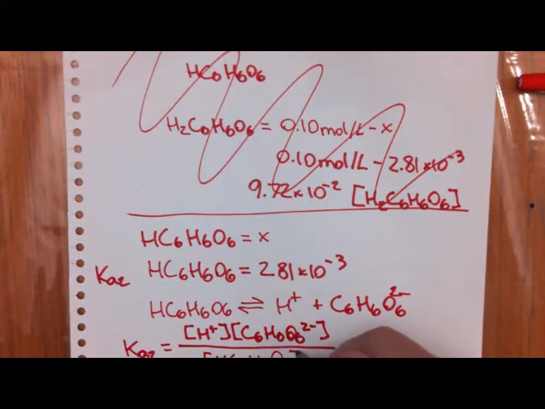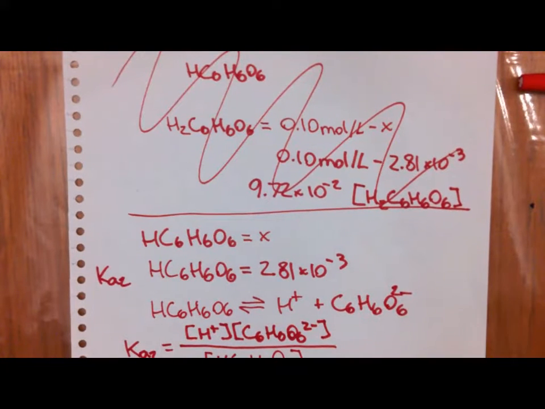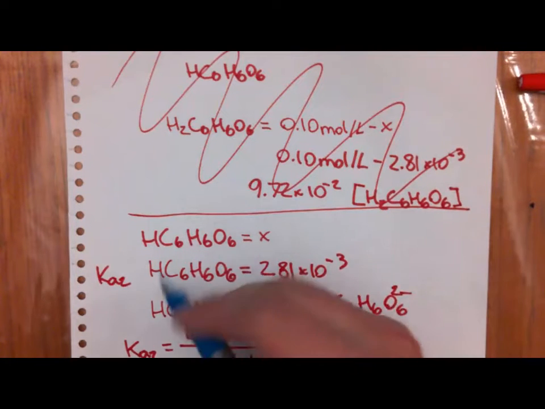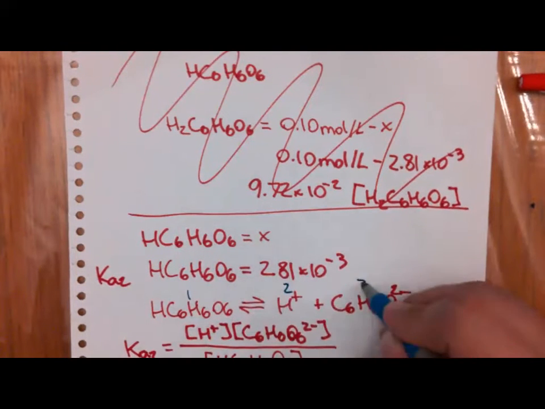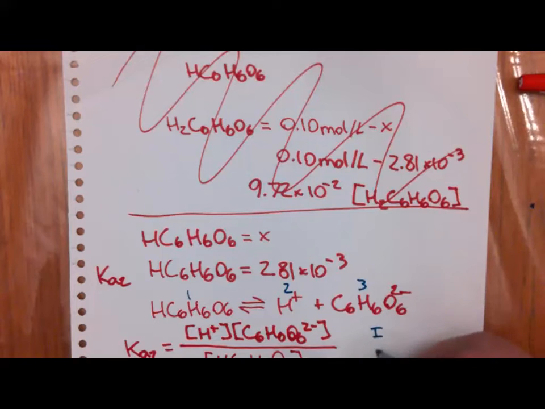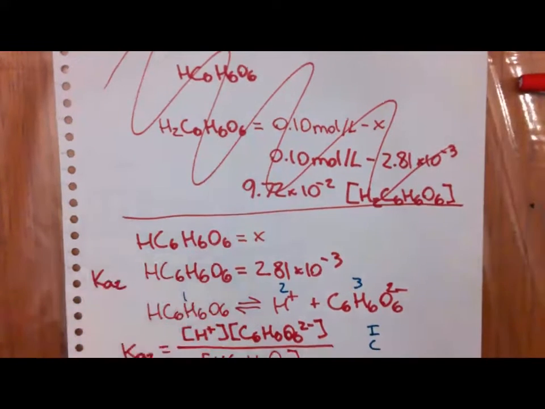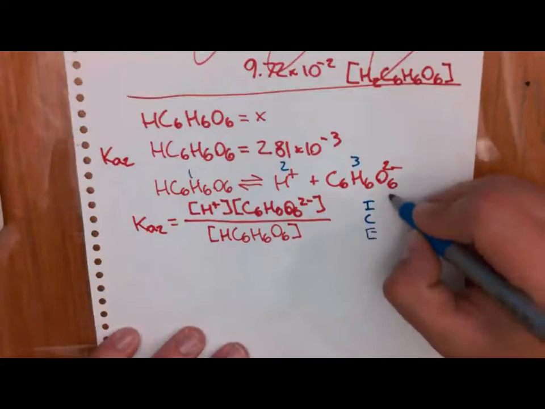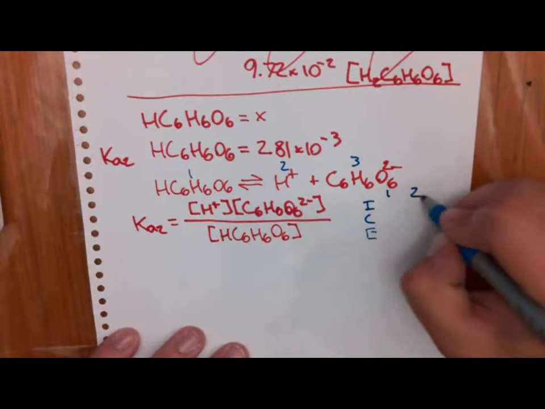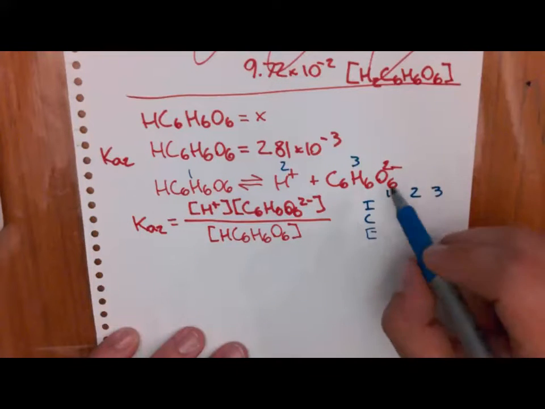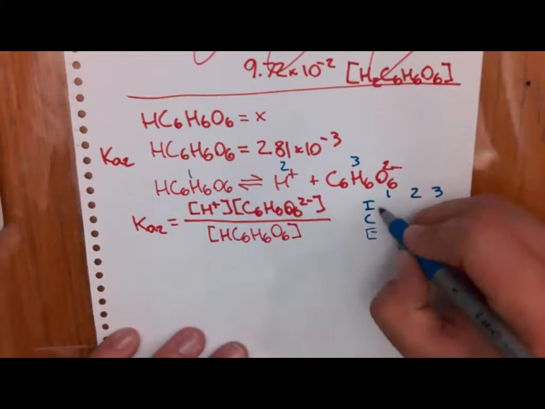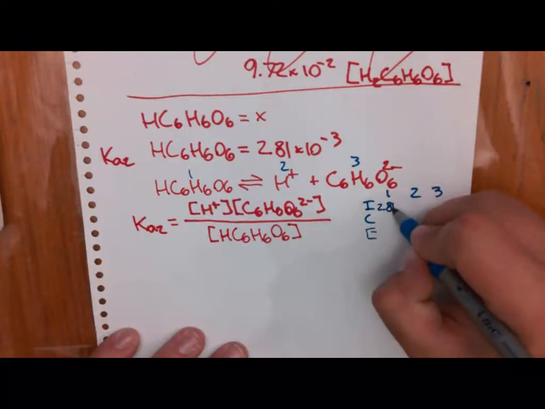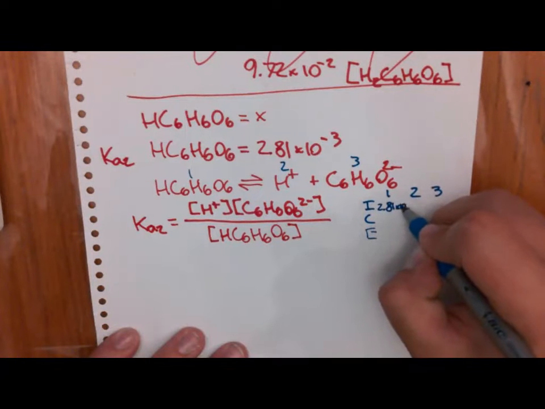HC6H6O6. All right. If we were to create a really quick little ICE table here, I'm just going to label these 1, 2, and 3. So if I make an ICE table here, my initial concentration for this is going to be 2.81 times 10 to the negative 3.